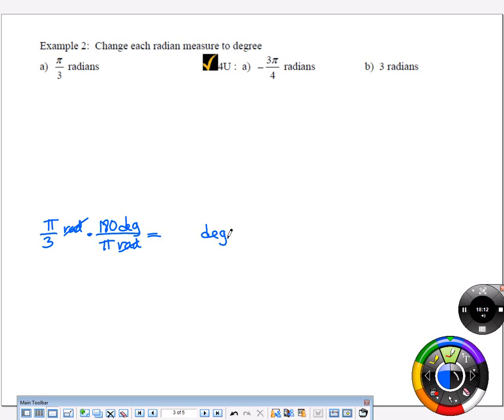Okay. So then here I'm going to have 180 pi over 3 pi. They both have a factor of pi, and 180 is divisible by 3. So I get 60 degrees is the same as pi over 3 radians. Okay? Is that all right?